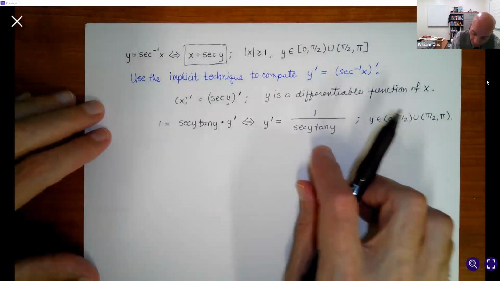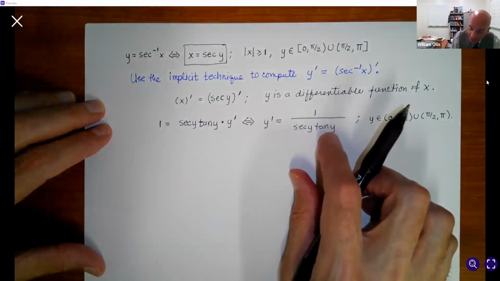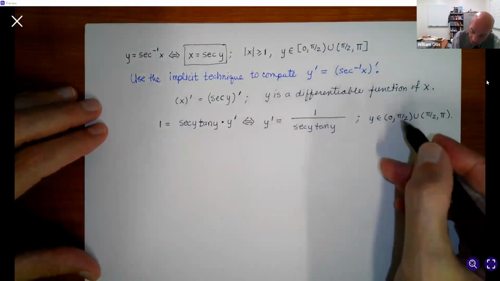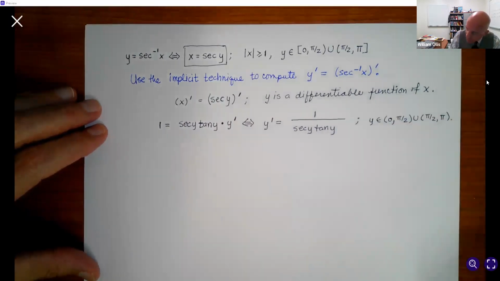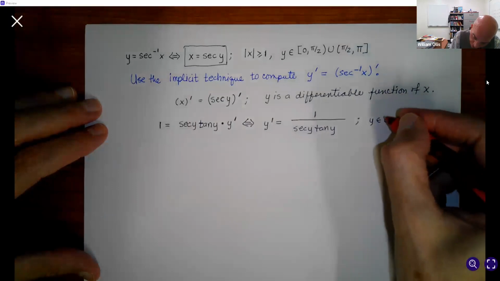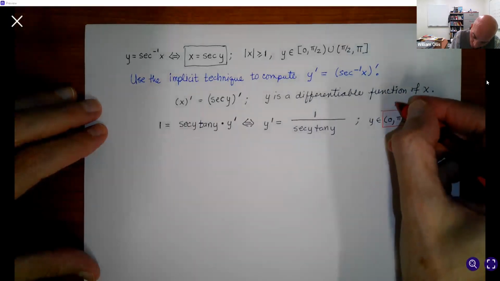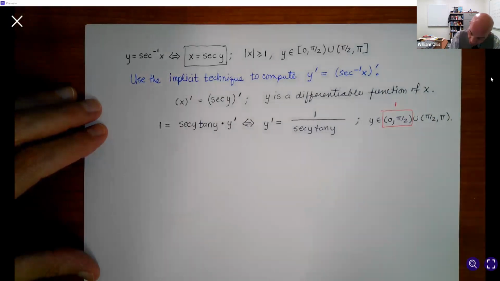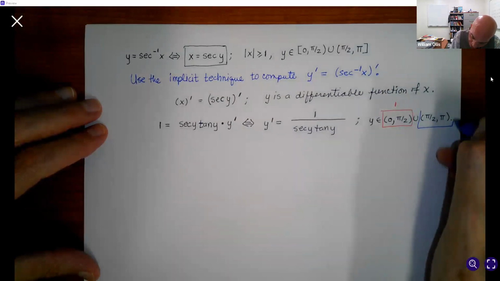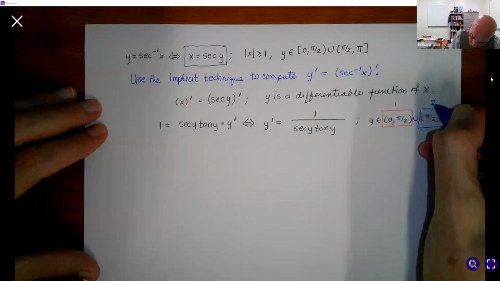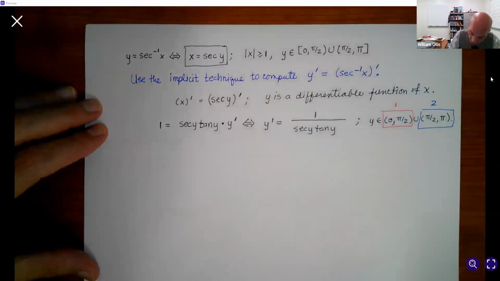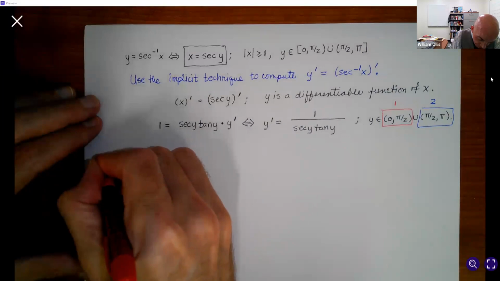So first, we're going to use the Pythagorean identity on tangent and focus on each of these. So I'll put a box around this and call this 1, and then a box around this interval and call this 2. So let's look at 1 first.